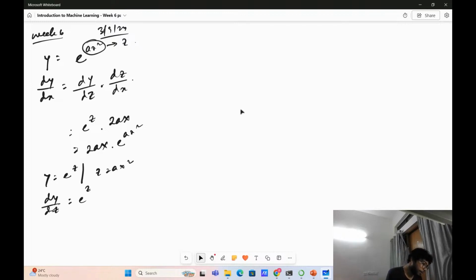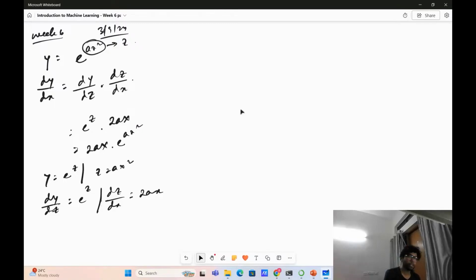Then we calculate dz dx, which is 2ax: the derivative of x squared is 2x, and a is a constant. So we multiply e to the power z times 2ax, and z is again ax square, so we just substitute z with ax square.